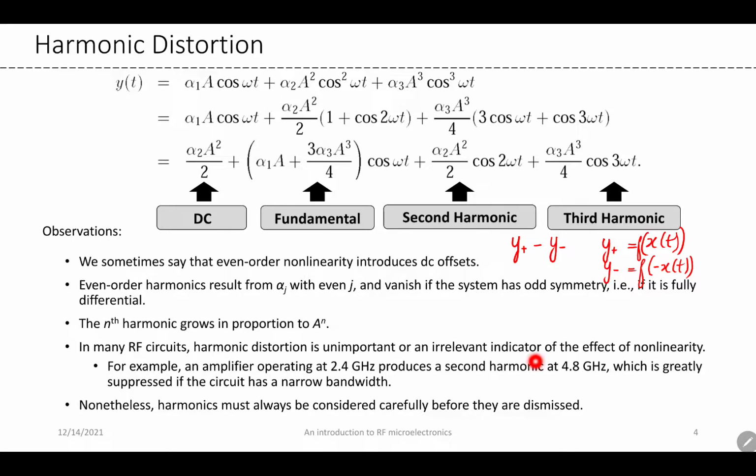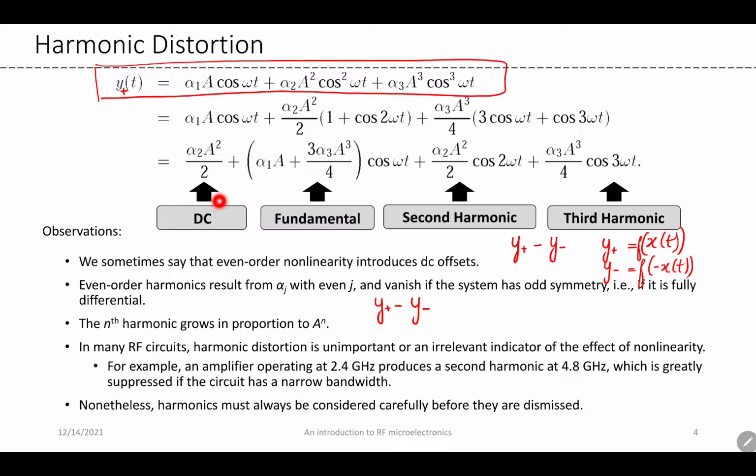Now if you look at y plus minus y minus, let's assume this is your y, and this is xt, right? So your y plus would be alpha 1 xt plus alpha 2 xt squared plus alpha 3 xt cubed, right? What would y minus be? It would be minus alpha 1 xt, right?